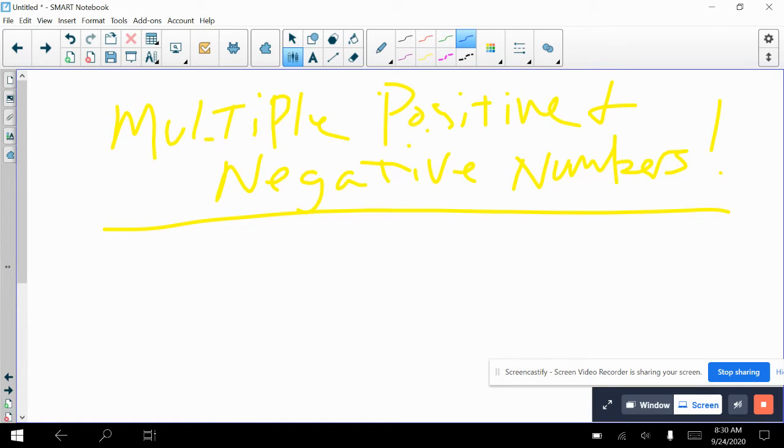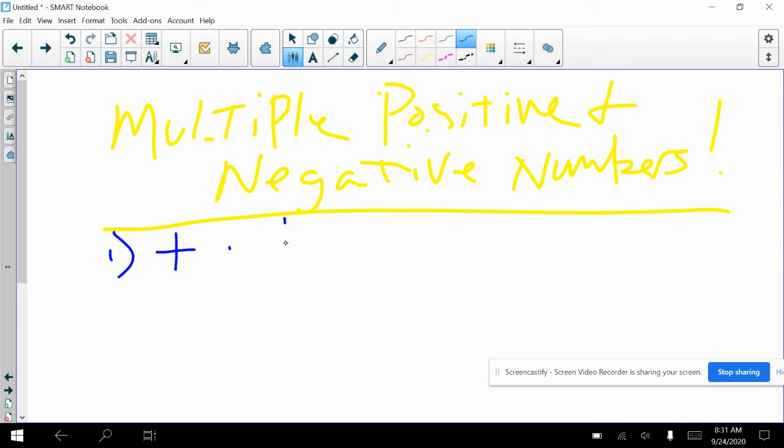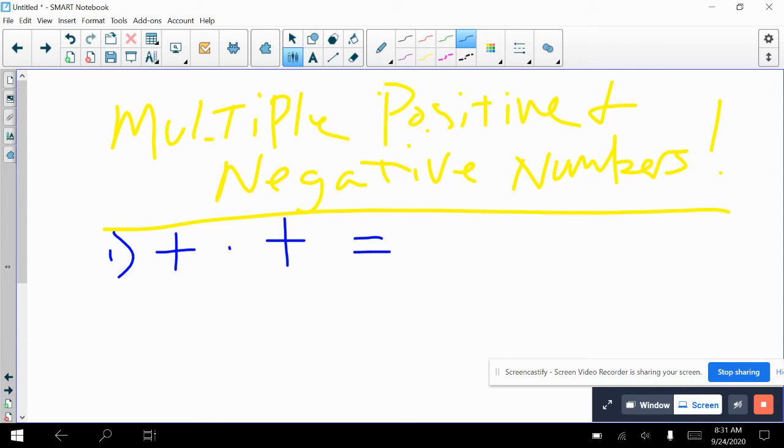Notice we said multiply. Right, there's 4 of them. So if you multiply a positive number times a positive number, what kind of number do you have to get? You have to get a positive. And I'll give you an example. That's like 3 times 2. You have to get a positive number.